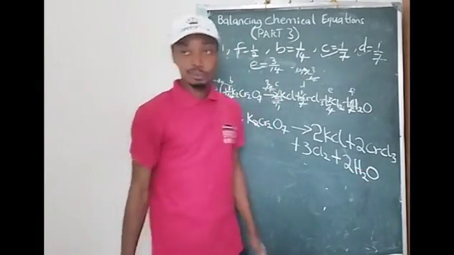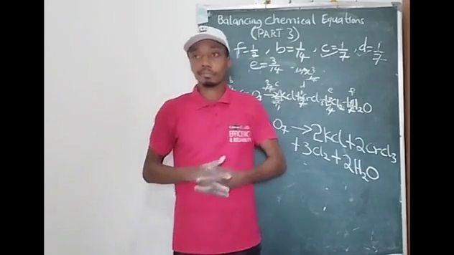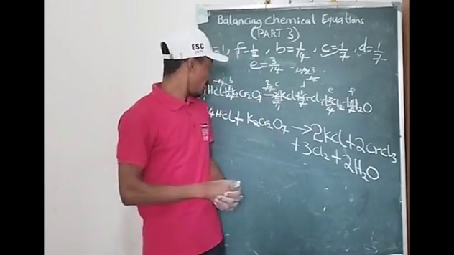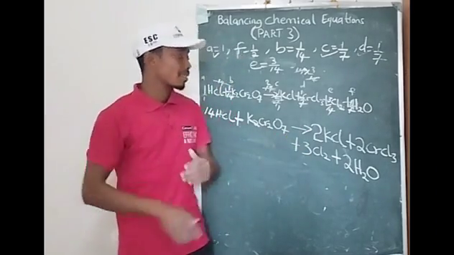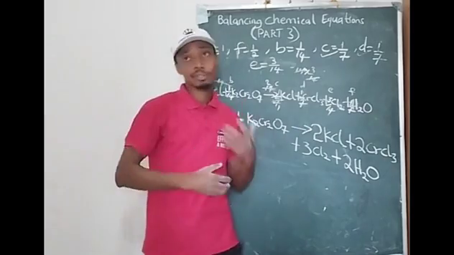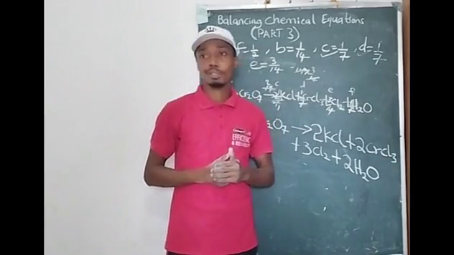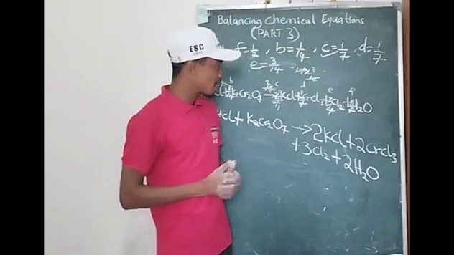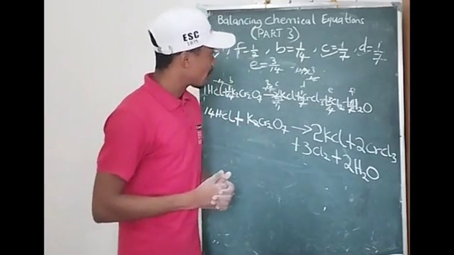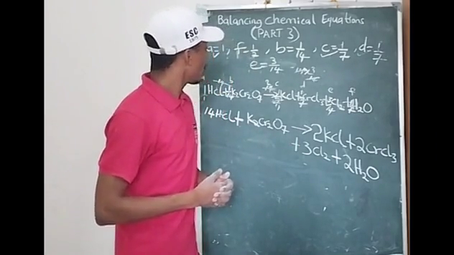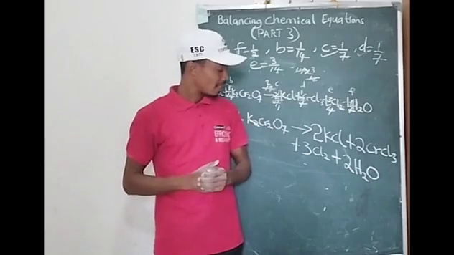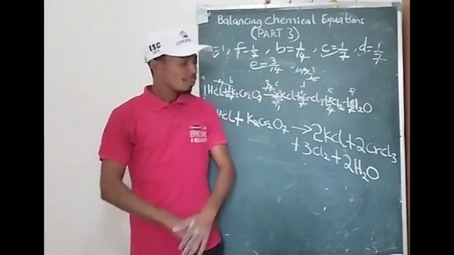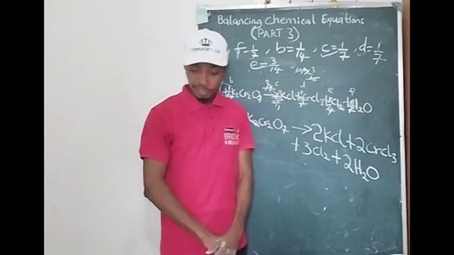So you can see here that if this chemical equation must be balanced accurately, you must go through the simultaneous equation method. If you check this, you will agree with me that this is balanced.